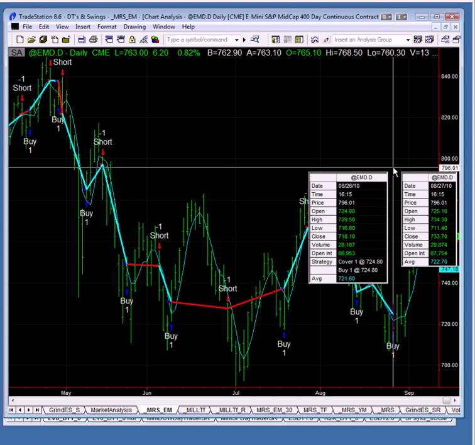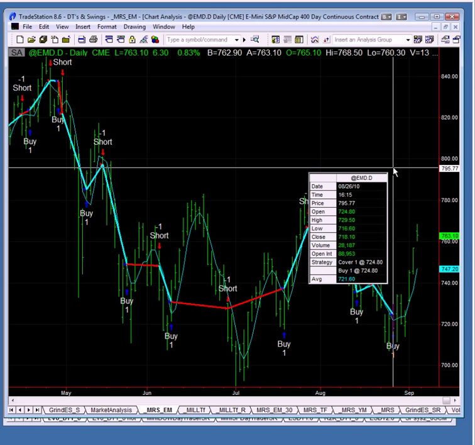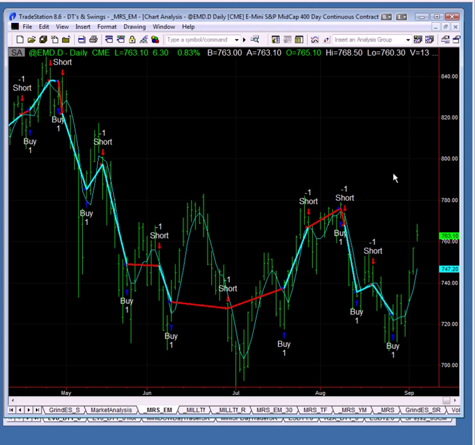It went long last Thursday at 724.80 in the mini mid cap. 763.10 is the last print, about $3,700 per contract for this system. Beautiful system, catching the shorts, the longs, the shorts, the longs. It continues.